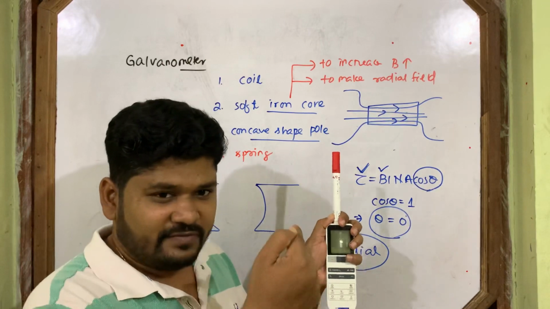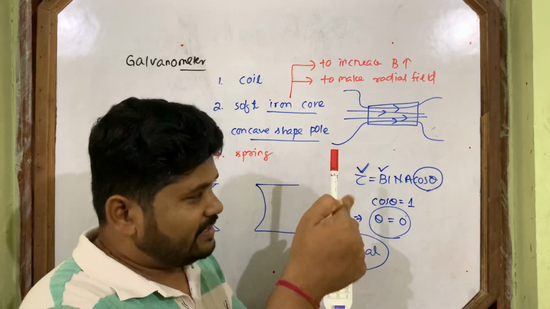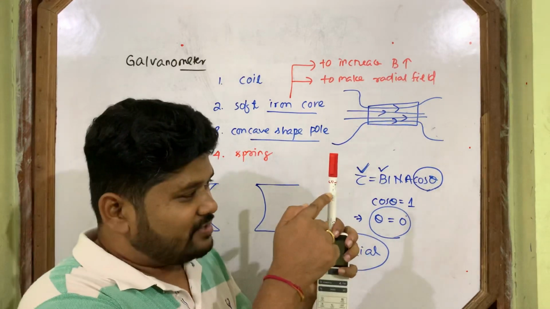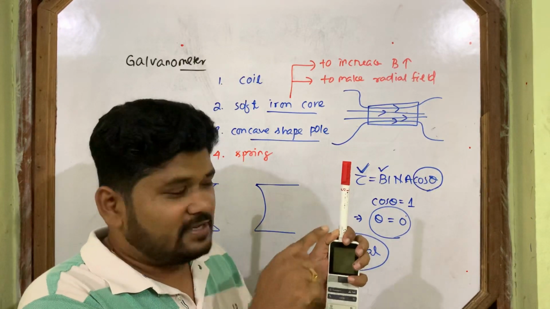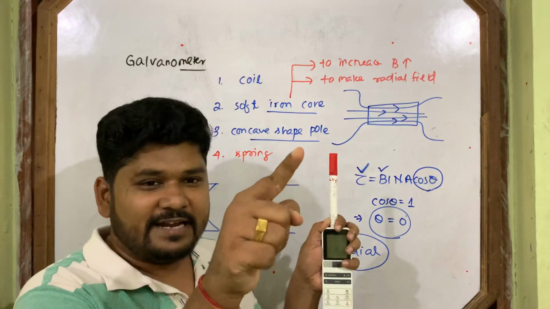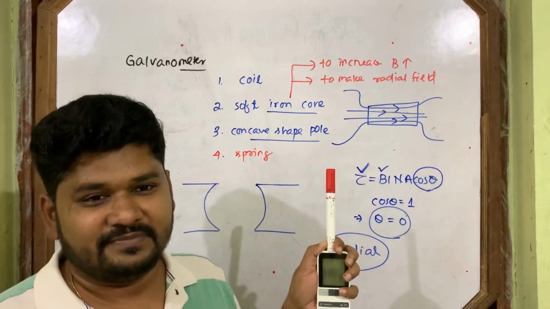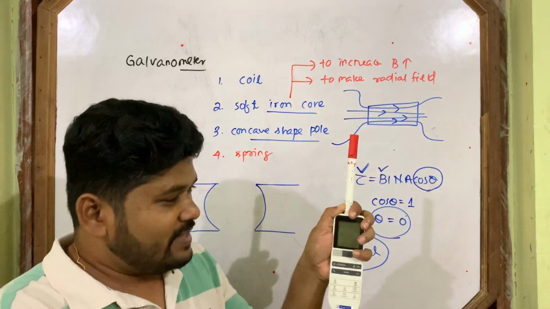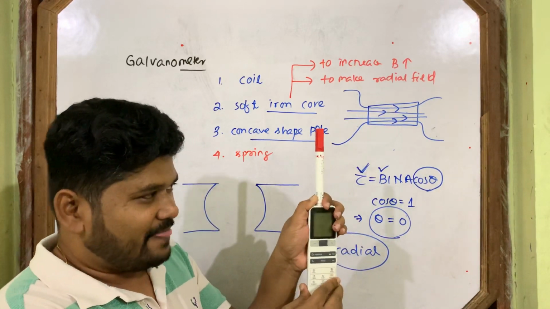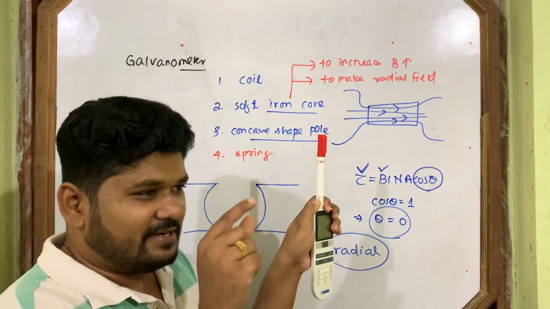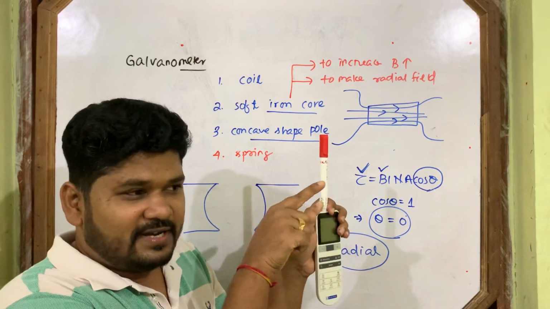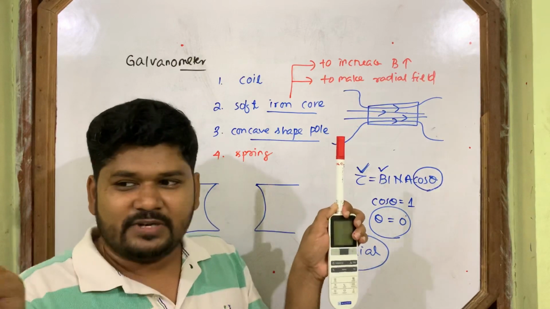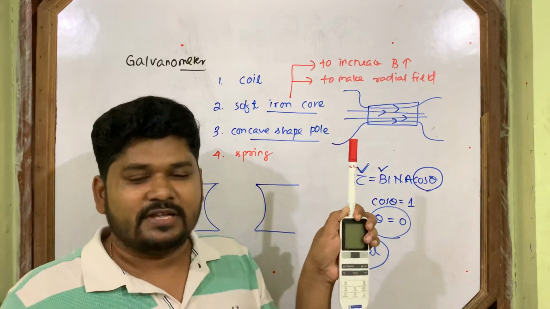From the bulb, a narrow pointed light will come to the mirror. When the light falls on the mirror, the reflected light will fall on the horizontal scale. When the coil rotates, the mirror will rotate and the reflected light will move along the horizontal scale.